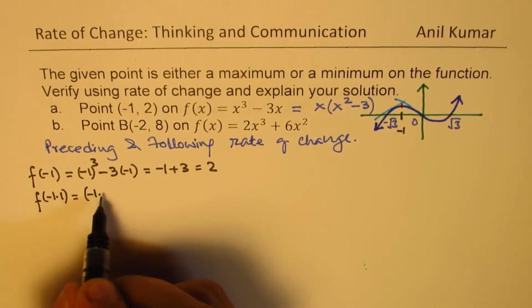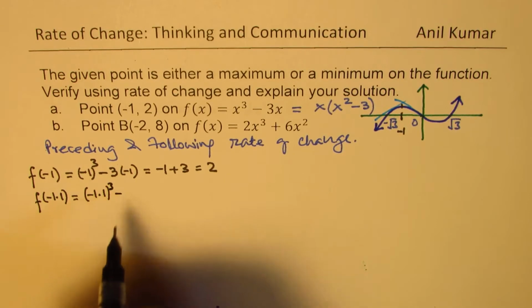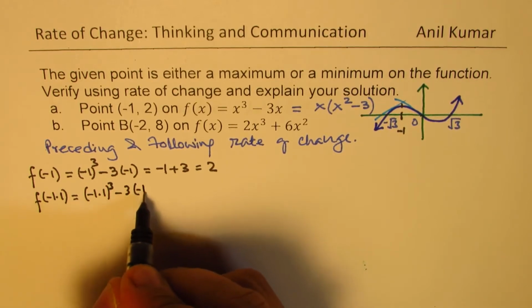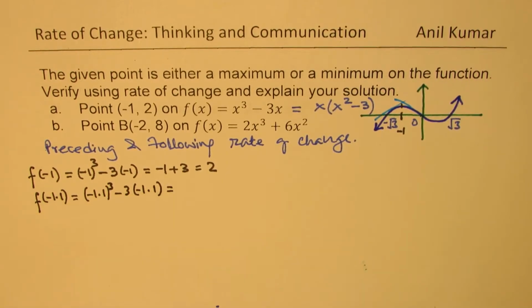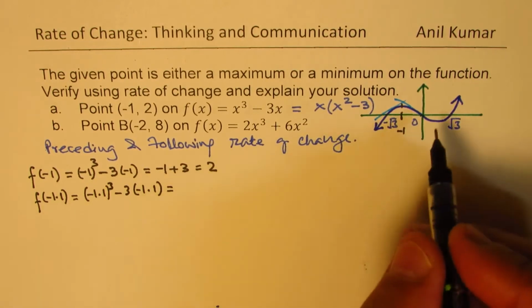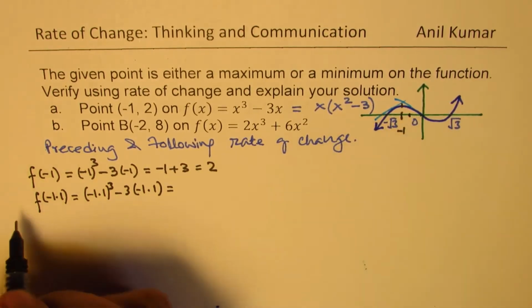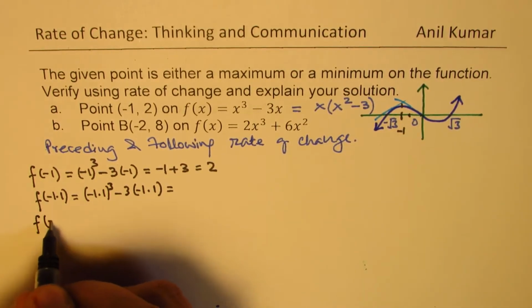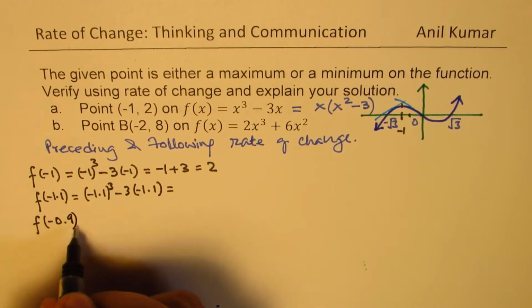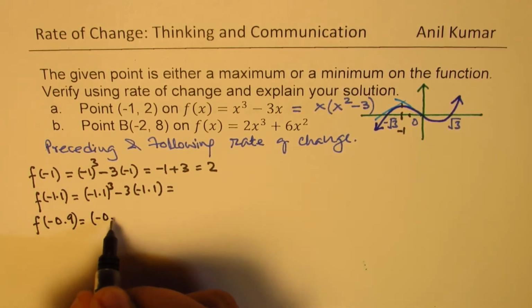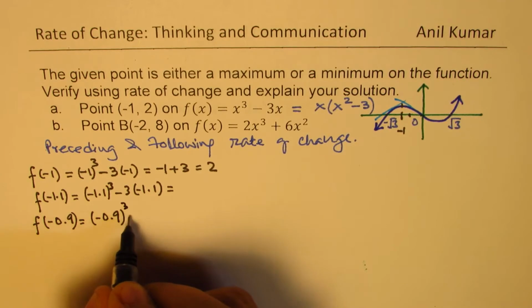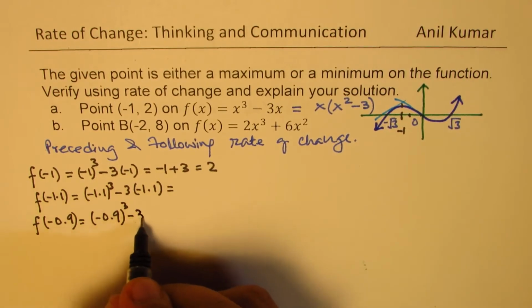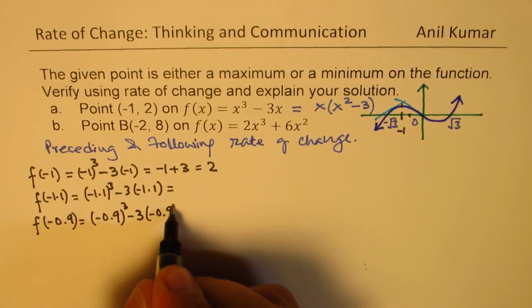So we get minus 1.1 whole cube minus 3 times minus 1.1. And then on the right side, we'll use the point f of minus 0.9, correct? So minus 0.9 whole cube minus 3 times minus 0.9.